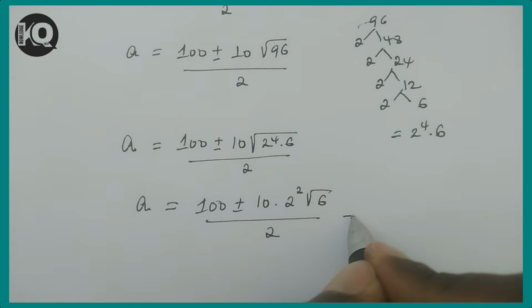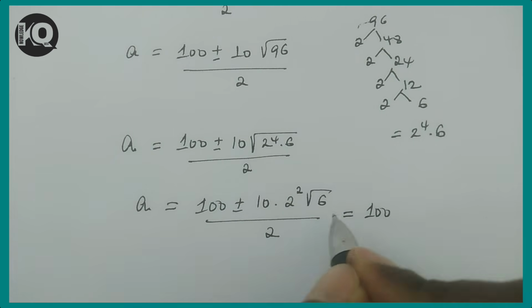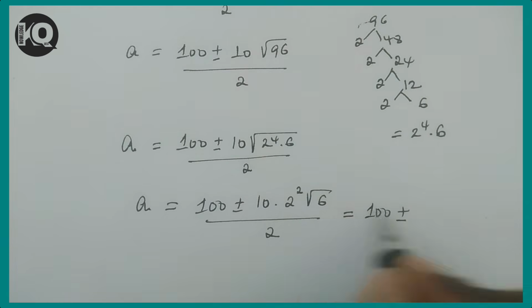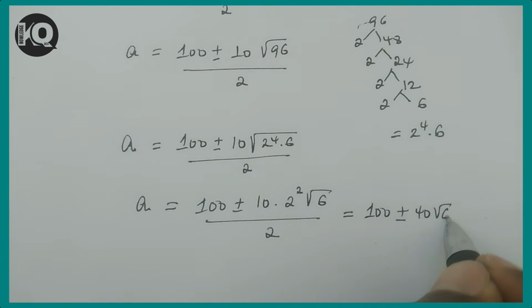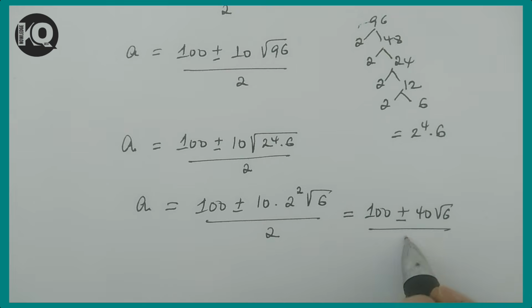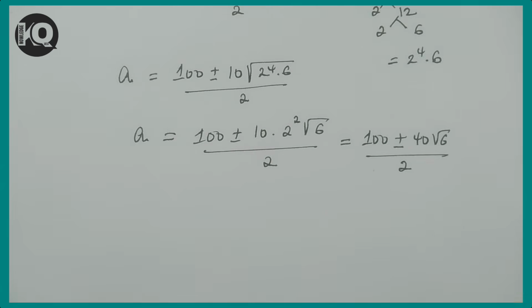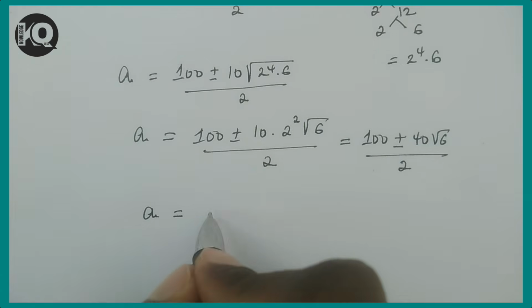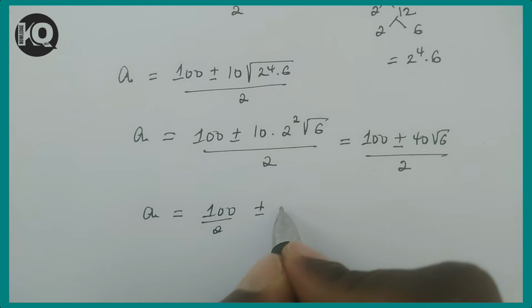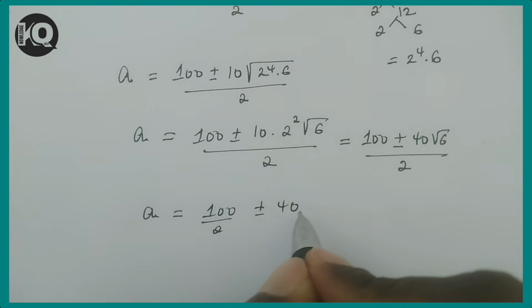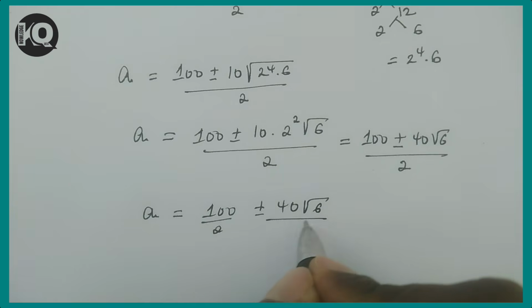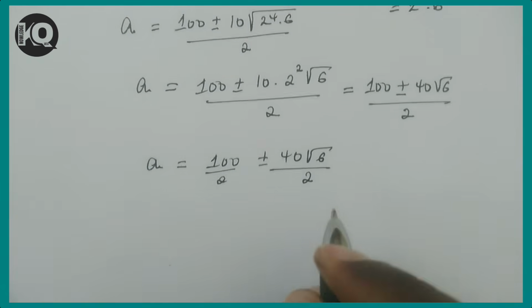And then it will be 100 plus or minus 4 times 10, which is 40, the square root of 6, divided by 2. Finally, it can be simplified as 100 divided by 2 plus or minus 40 times the square root of 6 over 2.